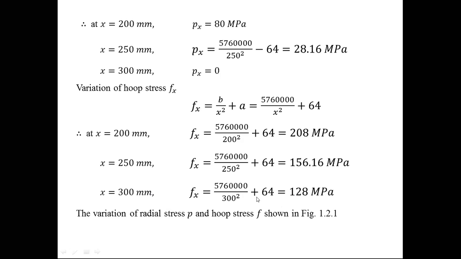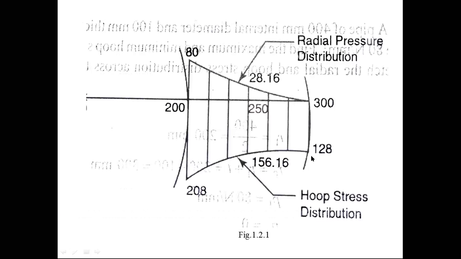The variation of hoop stress is shown in this figure. This is the inner and this is the outer. Inner radius is 200, where the radial pressure is 80 MPa, and at x is equal to 250 it is 28.16, and 0 at the outermost radius. So this is the variation of the radial pressure distribution.